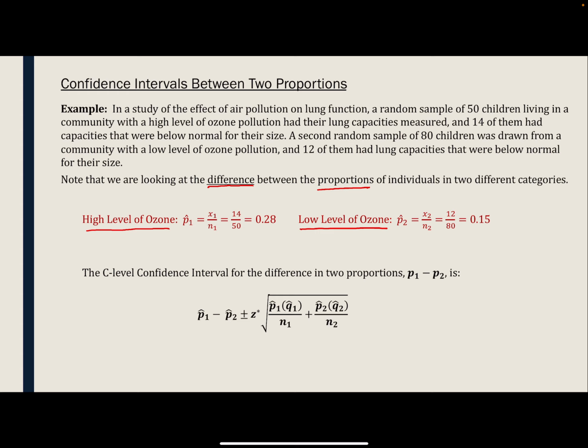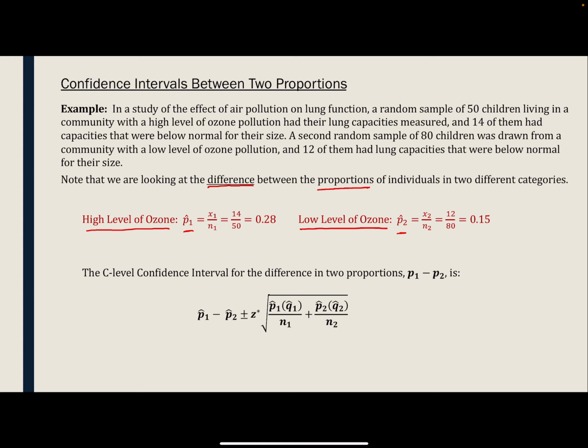So we've assigned P1 hat, the sample from the high level of ozone, and that's 14 out of 50. And then P2 hat is the sample that came from the low level population.